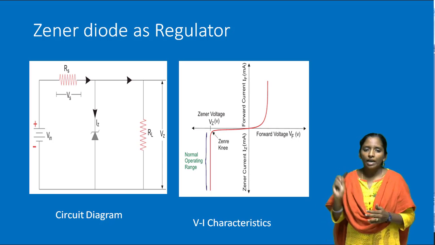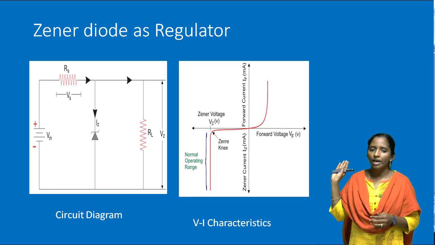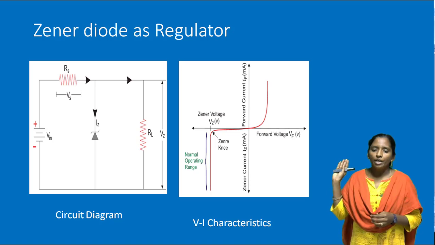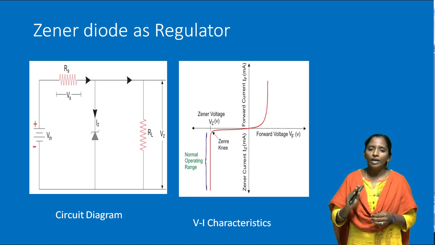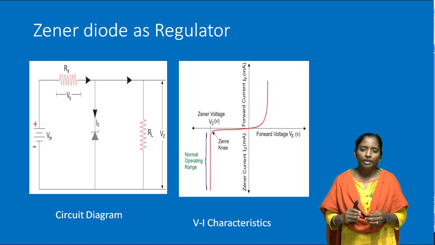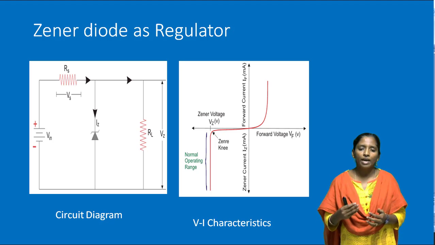These are the VI characteristics of the Zener diode as a voltage regulator. Here we take forward characteristics and reverse characteristics. We draw the forward characteristics between forward voltage Vf and forward current If.